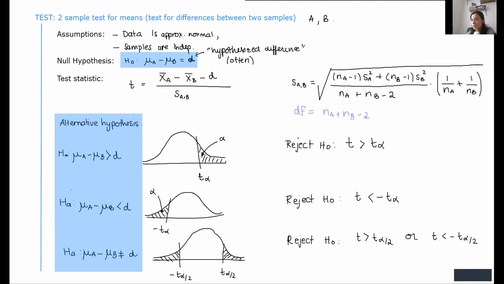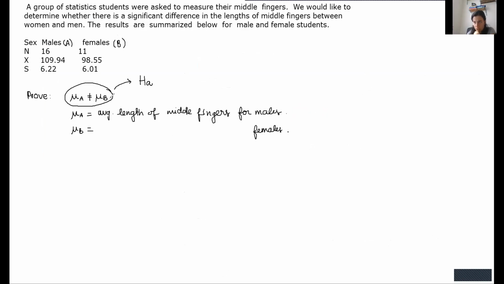That means that if I'm going to look for information that proves or disproves this by using the test that I just formulated, I'm going to have to express this as a hypothesis based on mu A minus mu B. So my alternative hypothesis should be about the difference between these two values. And so I'm going to have mu A minus mu B is different than 0.